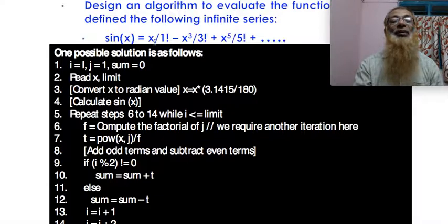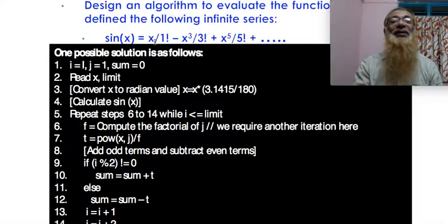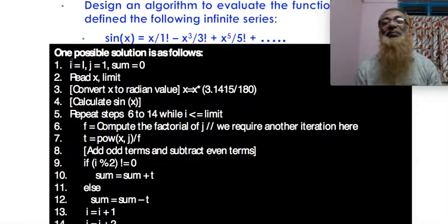We have to determine the sign of this term. As we discussed earlier, we could see that all the odd terms are positive and all the even terms are negative. To check this, we have I. I represents term 1, term 2, term 3 like that.